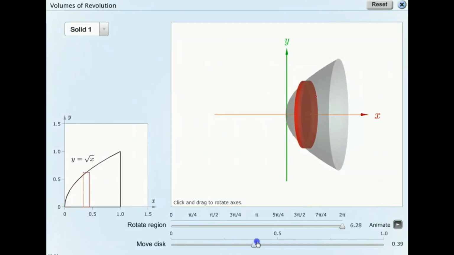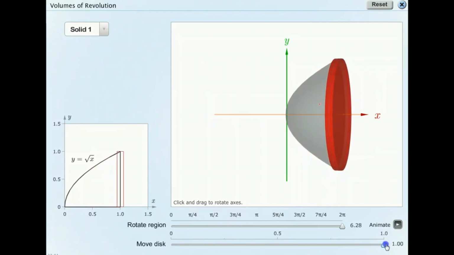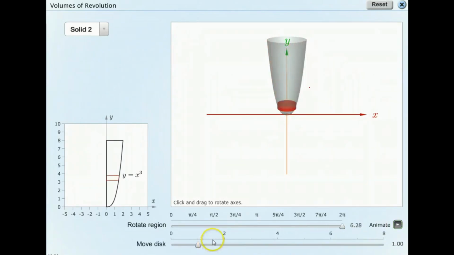It's not changing from left to right, right? So another example. Again, notice that if you move the disk, it's uniform all throughout from top to bottom.